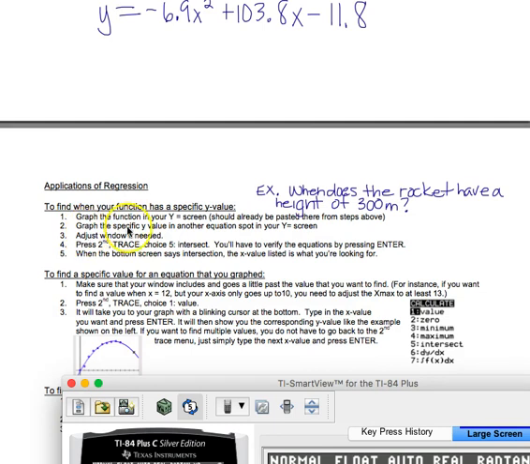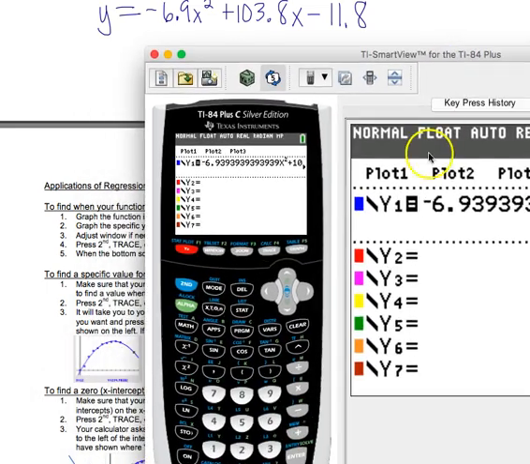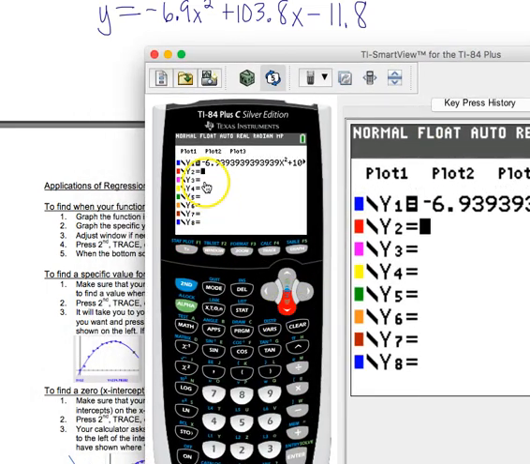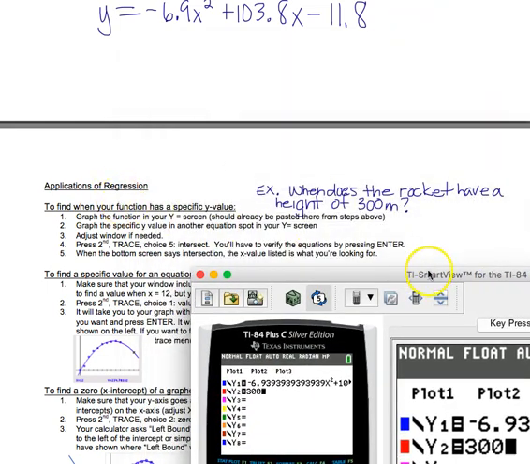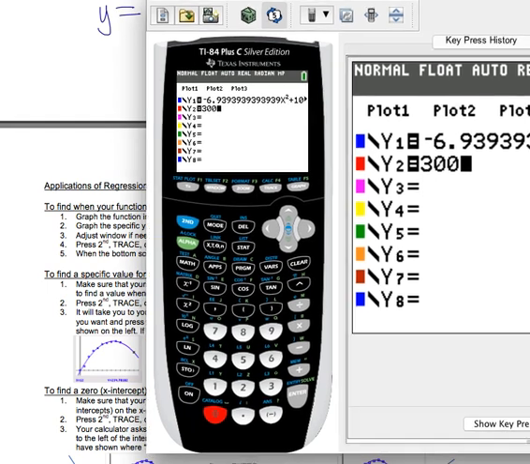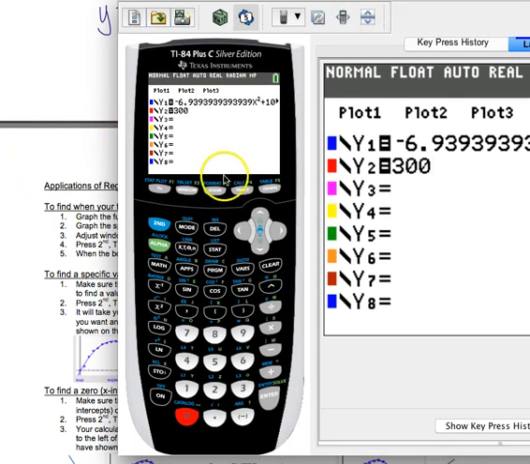The second step is to graph the specific y value that we want in another equation spot in our y equals screen. So I scroll down to my y2 in this case, and I type in the specific value that I want, which in this case was 300, since it's 300 meters. Then it says adjust the window if needed. I shouldn't have to adjust my window because it's still adjusted to what I had it for the scatter plot.